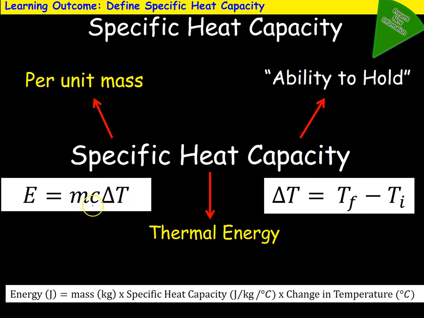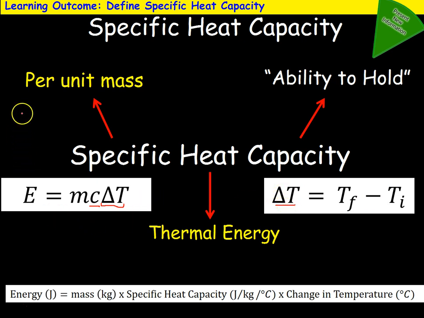If we rearrange the equation, what we quite often do is rearrange it to give specific heat capacity, which is C. The equation is energy equals mass times specific heat capacity times the change in temperature. A change in temperature is the final temperature minus the initial. So it's very important that you understand this triangle is the change in.